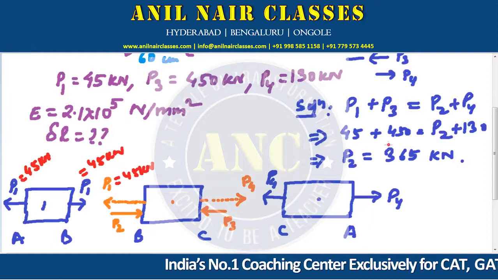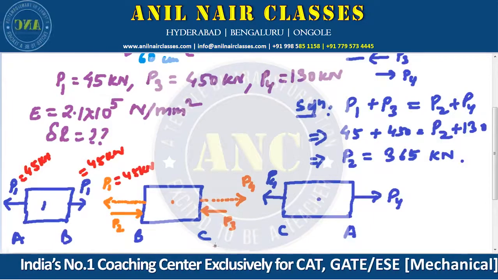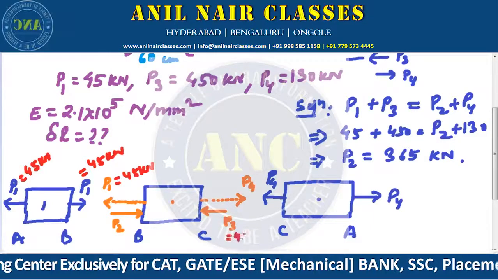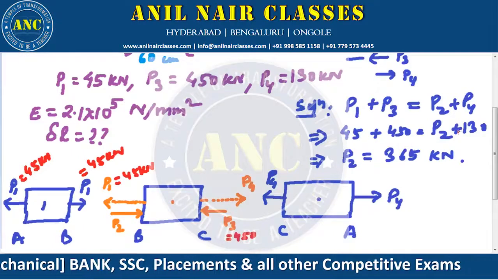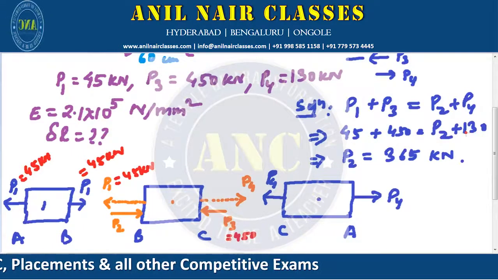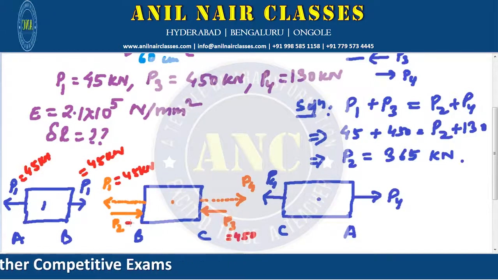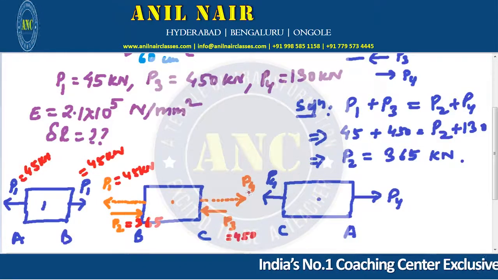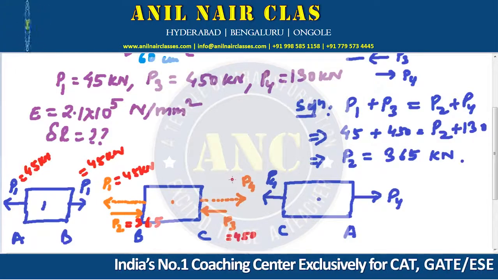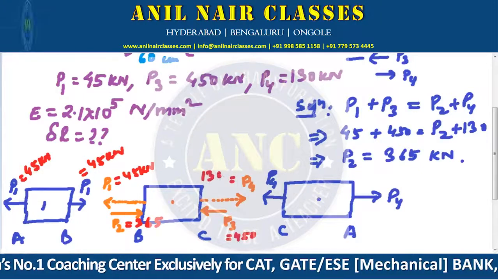Whereas P3 is 450. This is 450. P2 is how much? P2 is 365. This is 365. Then we have P4. P4 how much? 130. This is 130.